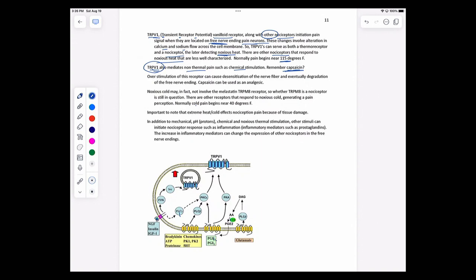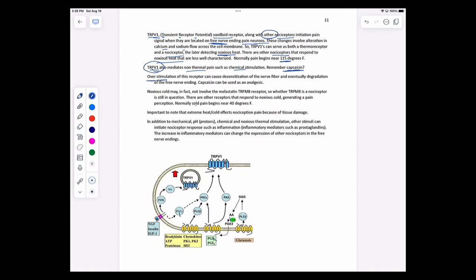We may have talked about this before, but this is why you put capsaicin in pepper spray, and you spray it in your eyes. It's going to hurt. If your eyes are burning, most of that uncomfortableness is because the capsaicin is interacting with the TRPV1 receptors associated with the pain pathway.